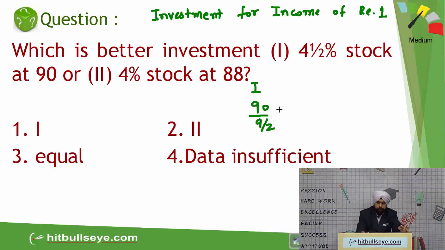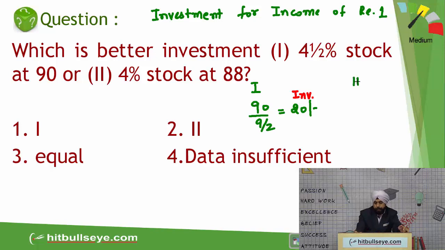So that means it comes out to be 20 rupees investment for 1 rupee income. Right, students? Now this 20 rupees is the investment for 1 rupee income in the first case.